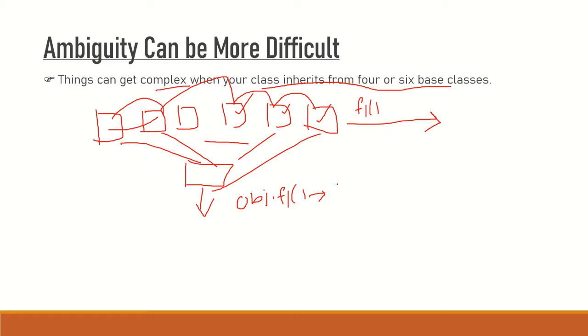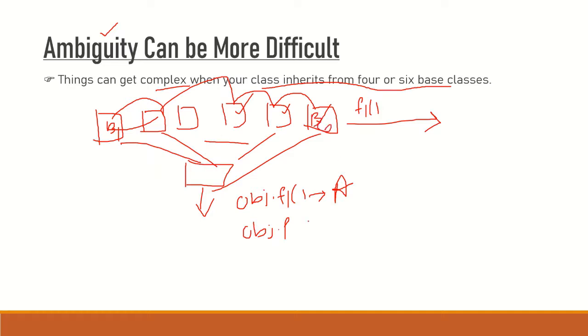It will lead to the problem we have just discussed, called ambiguity. To resolve this issue, we need to use the explicit class name. Before f1 we should use the name of the class. Suppose we are using base 1 through base 6 as names of the classes.